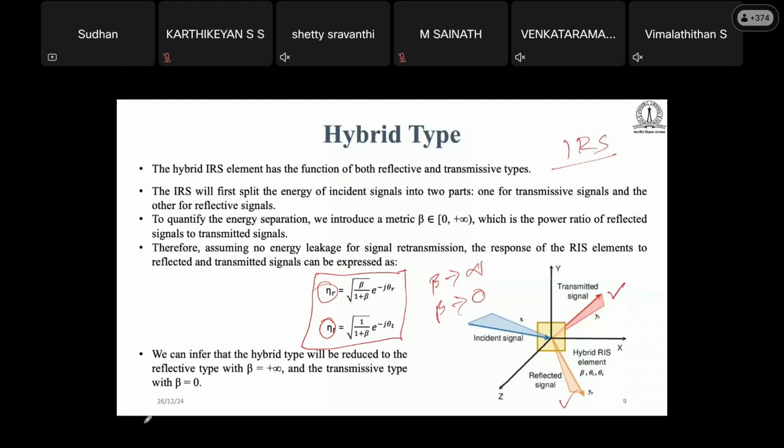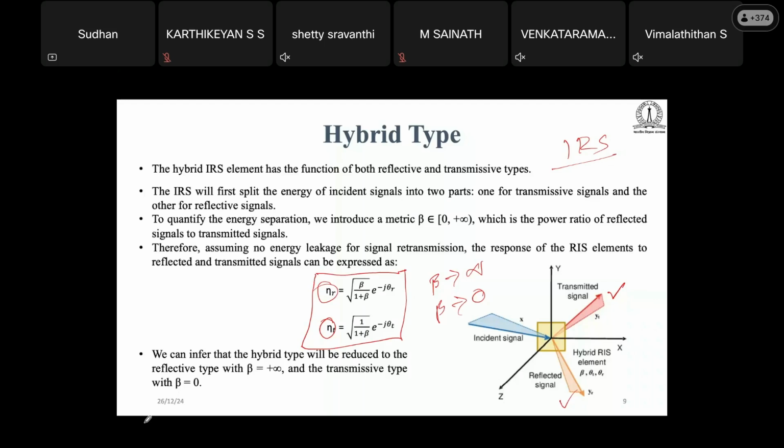Okay, and this hybrid property helps to put this IRS on the rooftop of a house or the rooftop of a big complex. So here the signal could be transmissive in nature, and the signal will be received from the outside and reflected or penetrate to the house, or to the auditorium, or many big complexes.